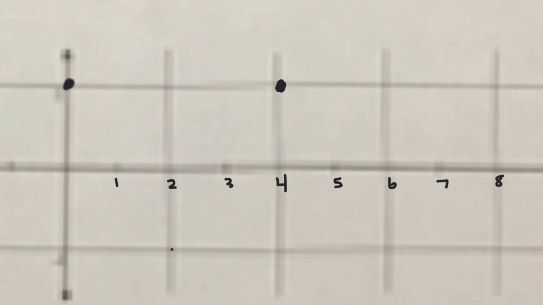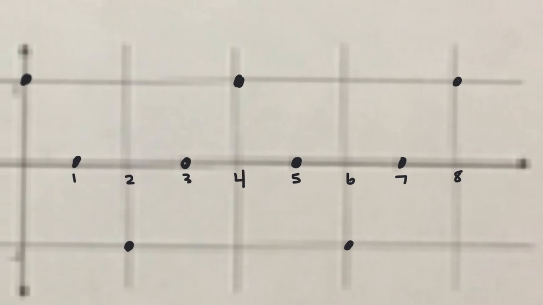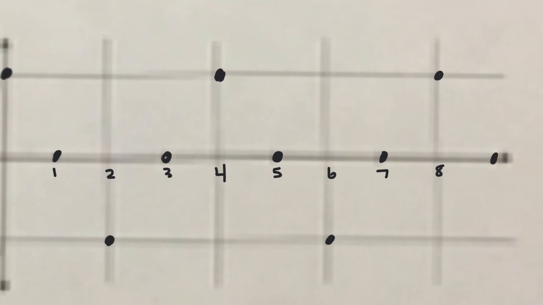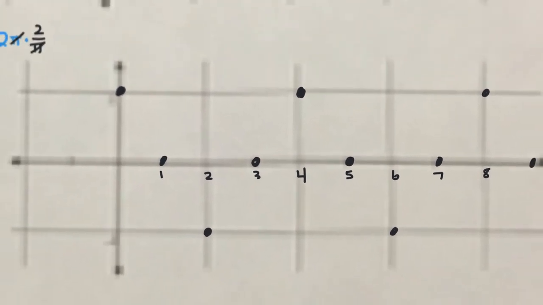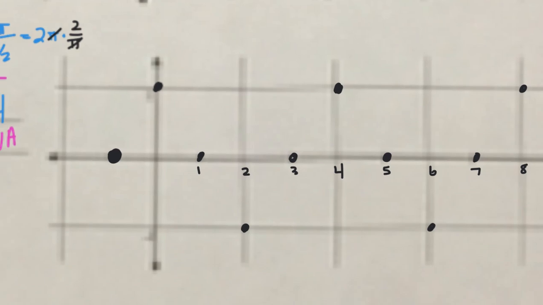In the middle is a minimum, so we have a minimum at 2. And then we have zeros at 1 and 3. And then additionally at 5 and at 7 if we continue on with our pattern and our cosine. So all of these dots represent points of the cosine graph.